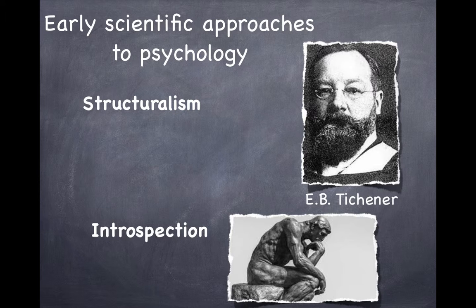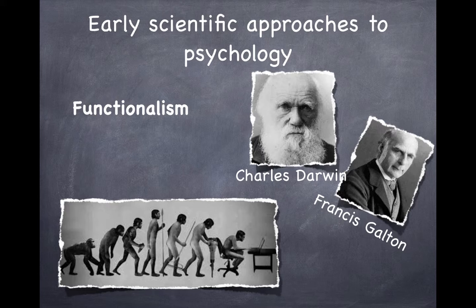Now, the next two people took a slightly different movement away from structuralism and moved into what they called functionalism. Charles Darwin and Francis Galton. Rather than focusing on the structures of the mind, functionalists focused on the way the mind and behavior adapts to change in the environment.